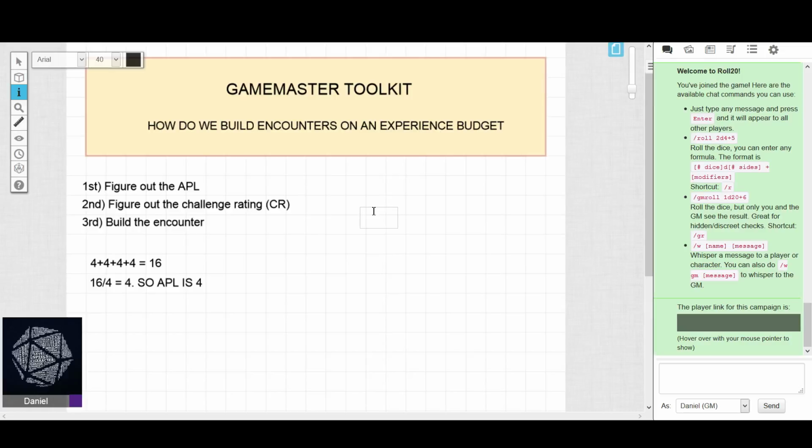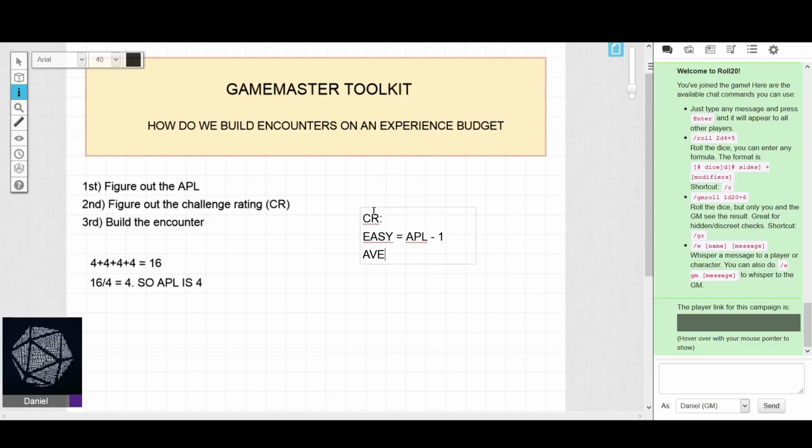So if we want to make an easy encounter, then the challenge rating has to be the APL of the group minus 1. So for the aforementioned group of APL 4 characters, an easy encounter would have a challenge rating of their APL minus 1, that is 3.